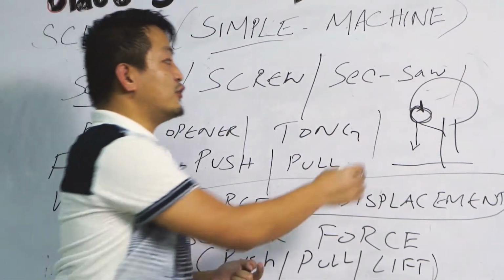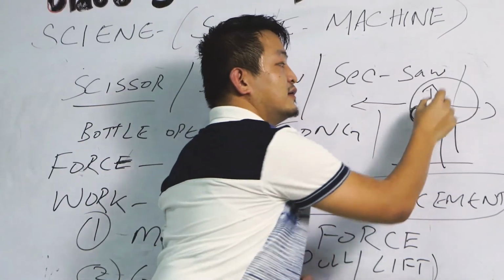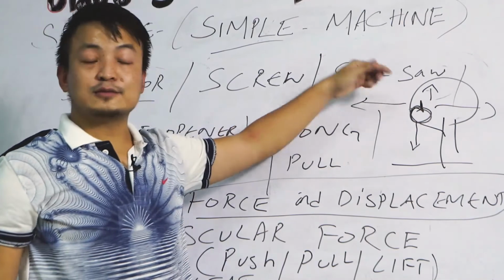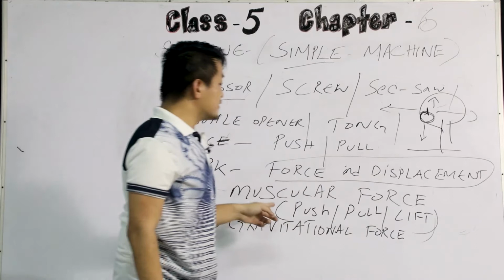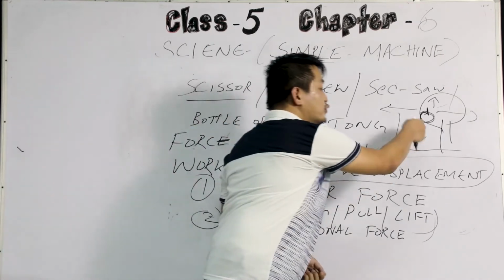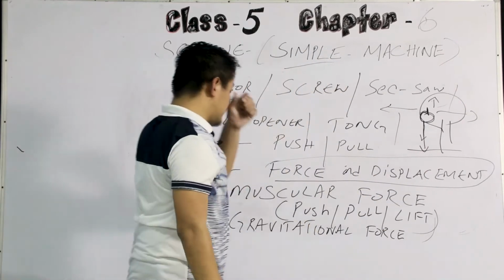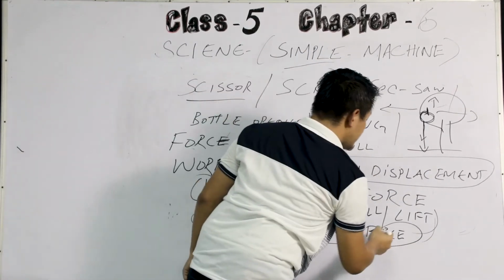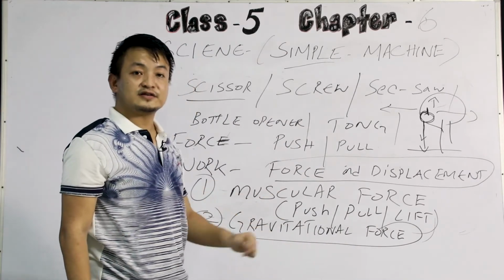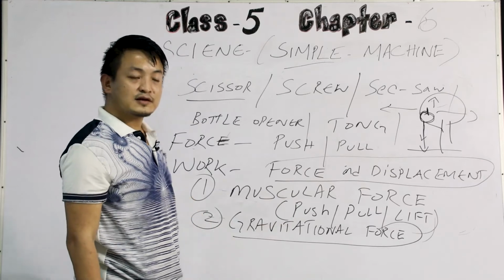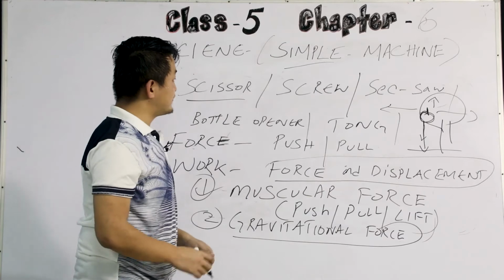Why is it not going towards the right or left or upward? Because of the gravitational force. It is pulling the apple towards the ground. So this type of force is known as gravitational force, which pulls us towards the ground. Clear? I'm sure you are clear with muscular force and gravitational force.